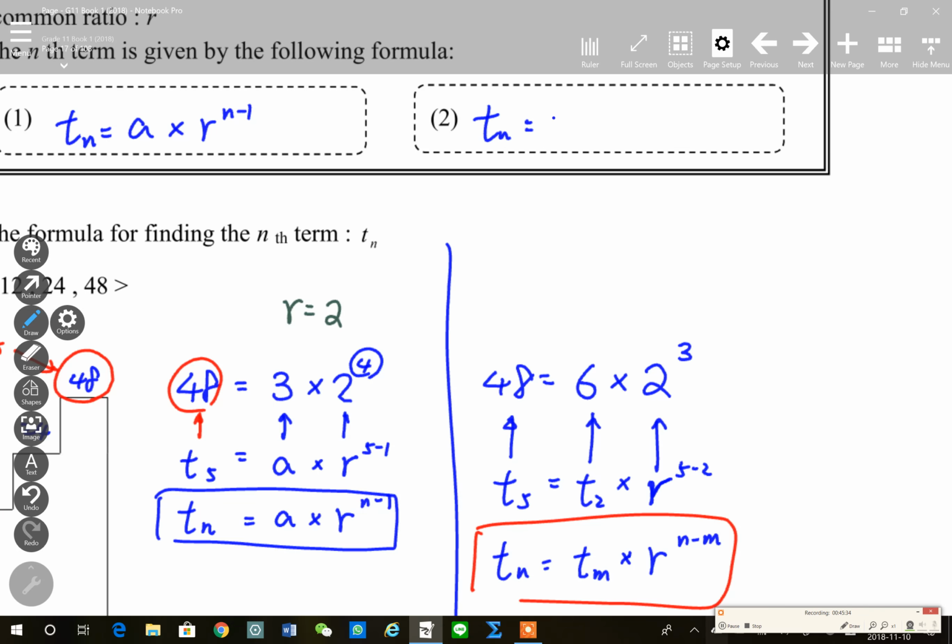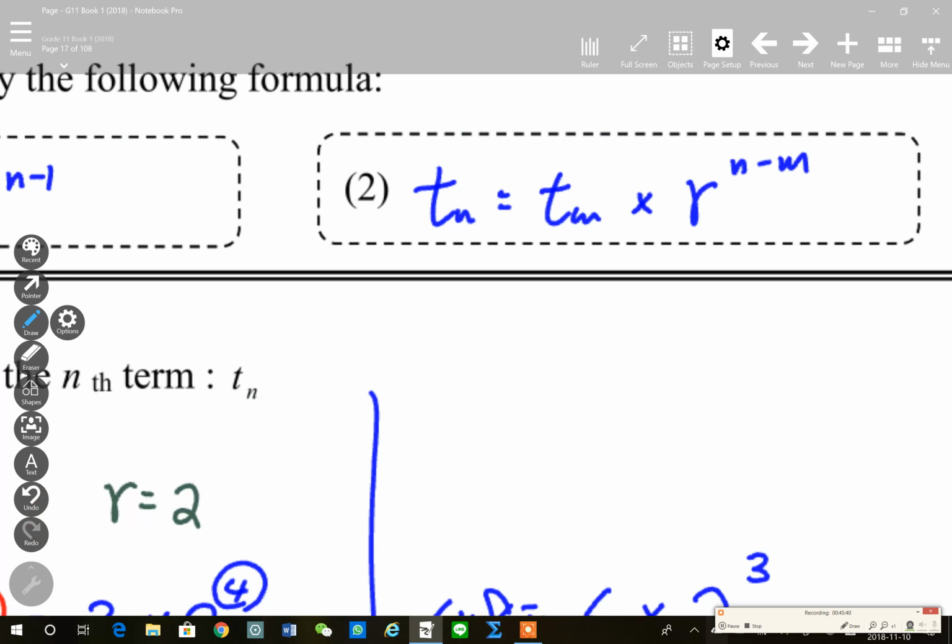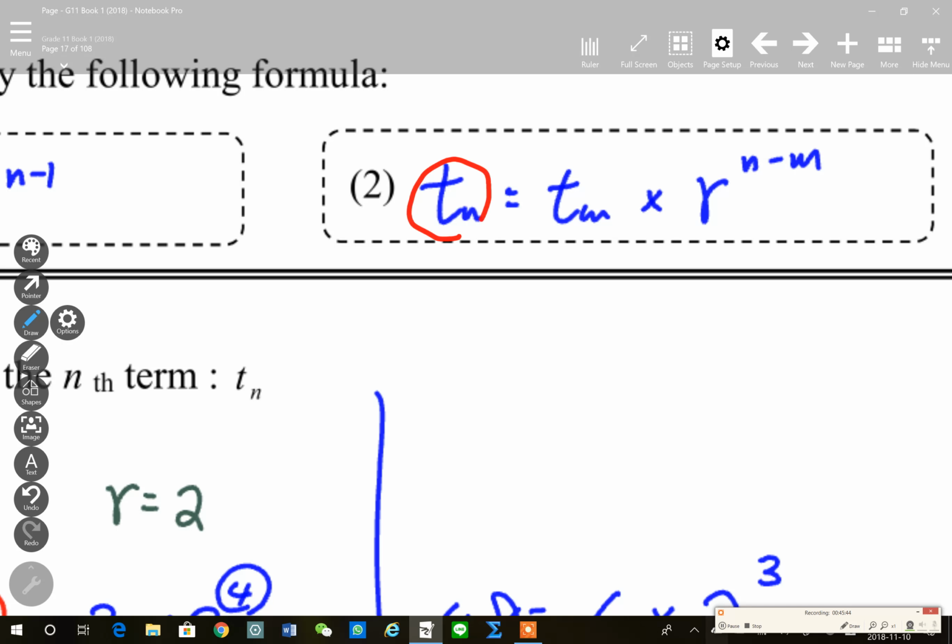Tn equals Tm times R to the n minus m. This one I need you to write some meaning. Write its meaning. This is the last term. This is the starting term or beginning term.